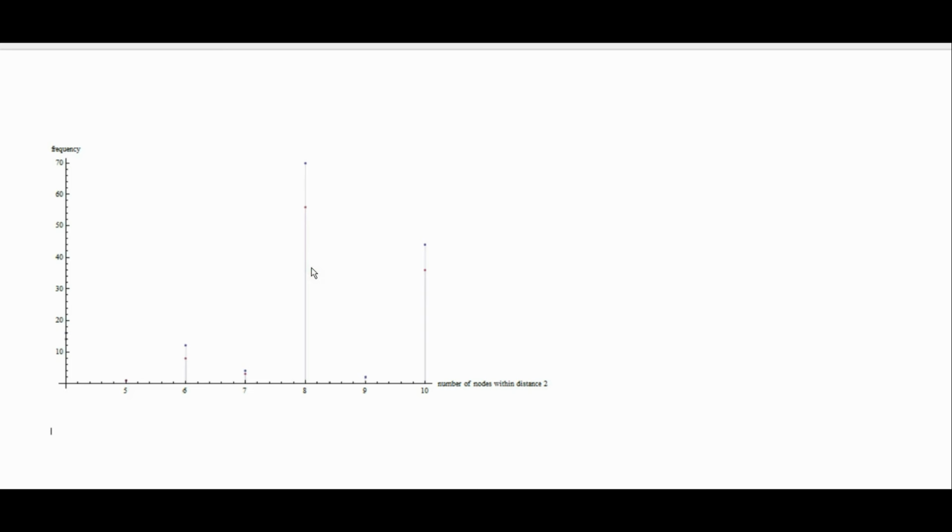And more tellingly, it seems that both the red dots and the purple dots fill a very similar kind of distribution, which to me suggests that even these two quite separated vertices, if we look at the structures on the graphs within 12 of them, they seem to have quite similar structures.